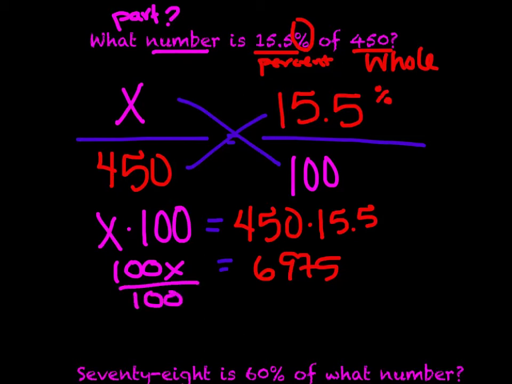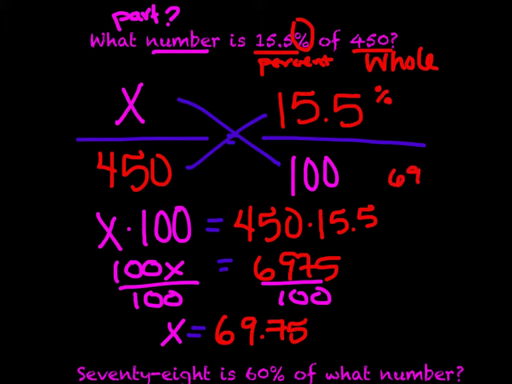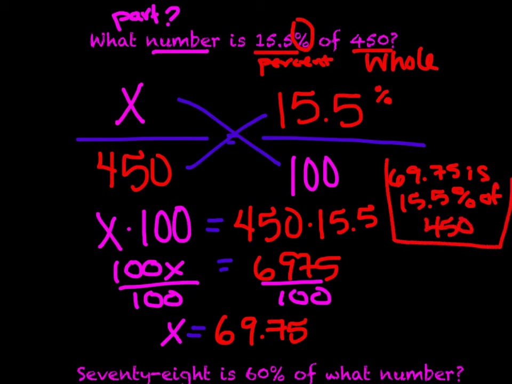When everything's multiplying each other, we can mix them up like that. And then we're going to divide by 100. So 100x divided by 100 is simply x, and that is equal to 6,975 divided by 100, which is 69.75. So 69.75 is 15.5% of 450. So that would be our final answer for that problem.